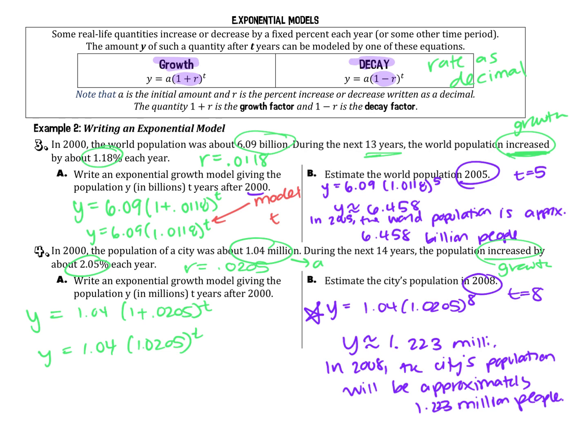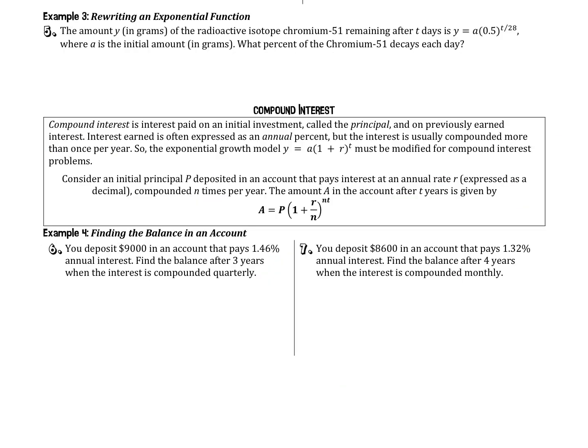Next, we're going to talk about a specific application of exponential decay that shows up a lot in sciences, and that is half-life. Then we're going to wrap up by talking about compound interest. Okay, so here we are told that the amount Y in grams of radioactive isotope chromium-51 remaining after T days can be modeled using this model here, where A is the initial amount.